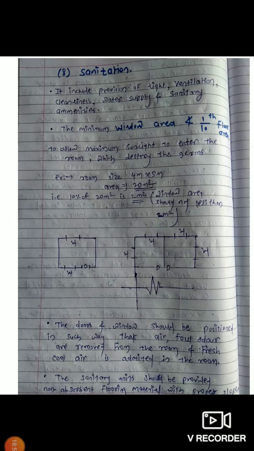We need to provide a window of at least 10% of that area, meaning our window or door opening must be at least 2 meter square, to get proper ventilation and fresh air.